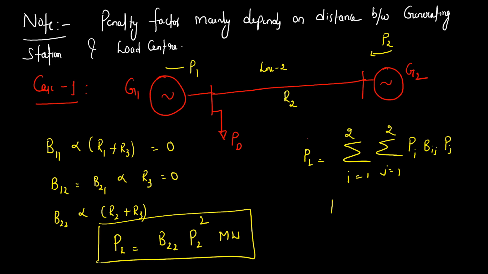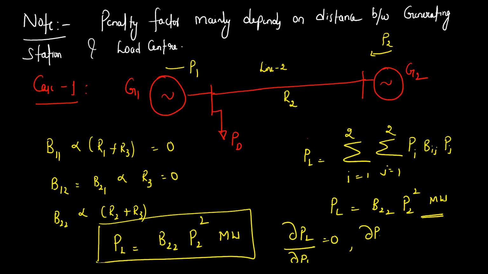You are going to get PL equal to B22 P2 square, so many megawatt. Understand? If the circuit or the system is given in this form, then you can directly write these relationships. Now ∂PL/∂P1 is 0 because nowhere is a P1 term there.